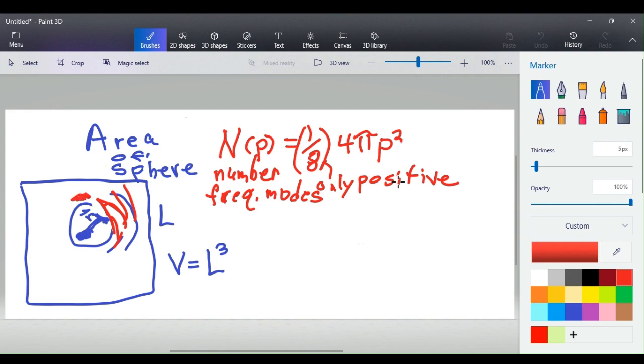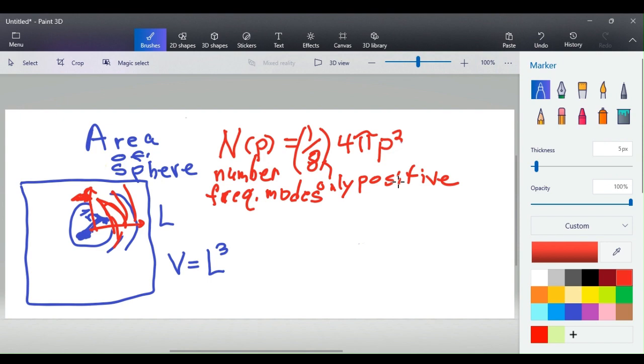If you only consider positive modes, then that means you're only going in the positive X direction, the positive Y direction, and the positive Z direction, which you can't see here. And if you only include those values, that's only going to cover 1/8 of a sphere. So that's why all this is done here, because we don't want to be double counting stuff, or triple counting it for that matter.